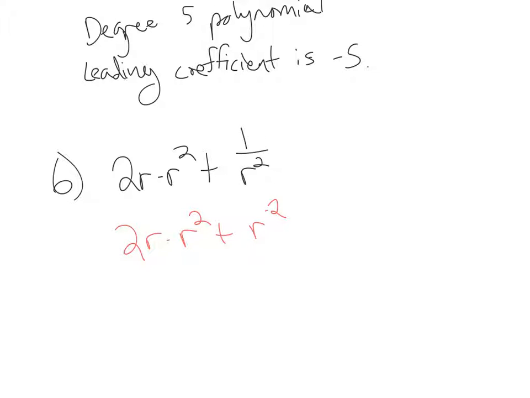Unfortunately, in order to be a polynomial, we cannot have any negative exponents. The exponent of this variable is less than 0, so we would not consider this a polynomial in one variable.